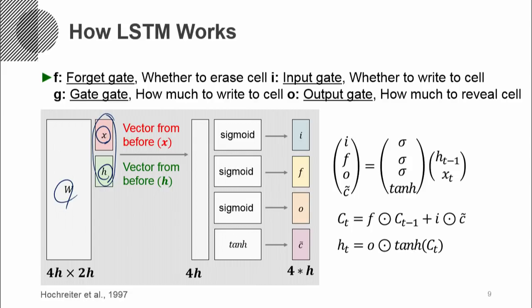In the original RNN cell, it generated just the current time step's hidden state vector, but in the LSTM, it will generate these 4 different sets of vectors, which we call the forget gate, input gate, gate gate, and output gate. And I will describe each of these vectors in more detail.